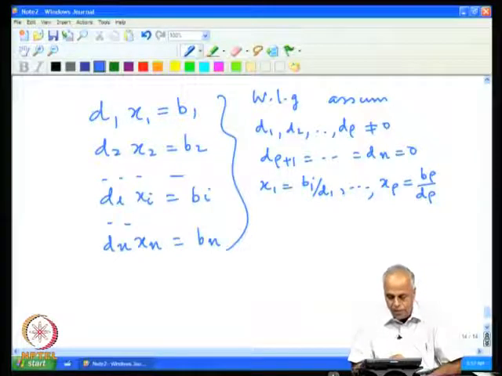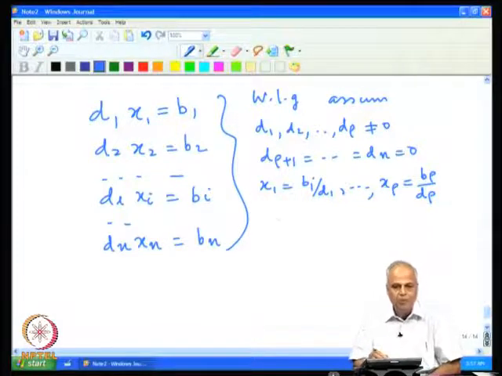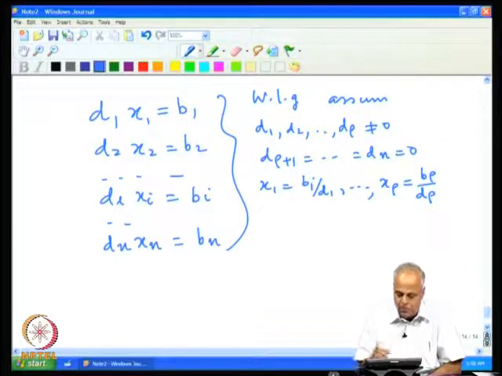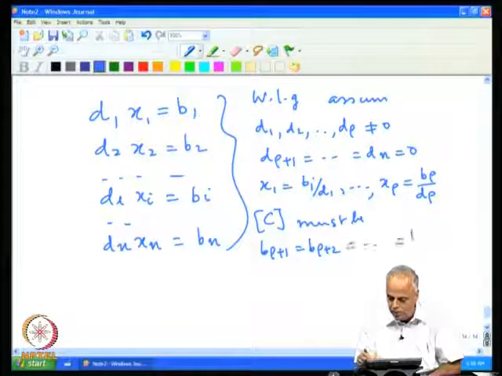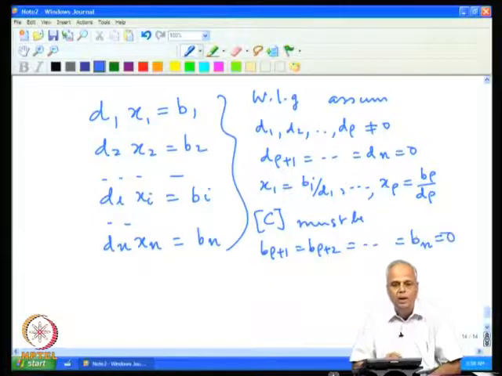But now if you look at the rho plus 1th equation, the left hand side for the equation will be 0, whereas the right hand side will be b rho plus 1, and therefore a solution will exist only when both the sides are 0, and therefore b rho plus 1 must be equal to 0. Continuing this process, we get the consistency condition: b rho plus 1, b rho plus 2, etc., bn must all be 0.